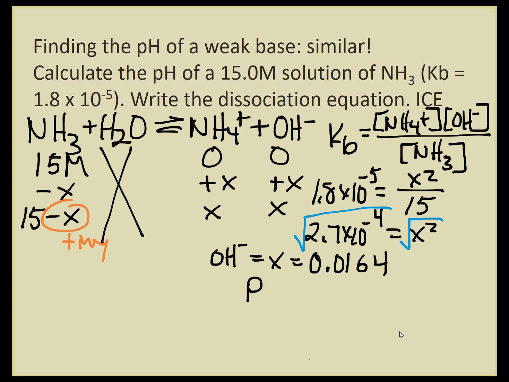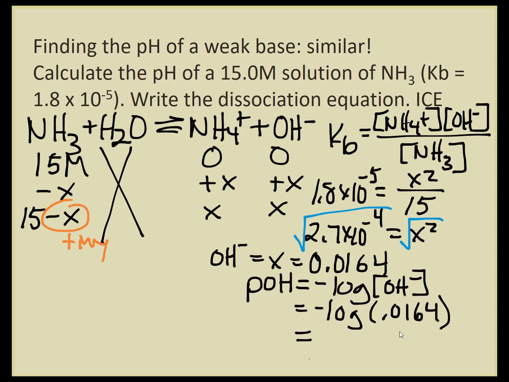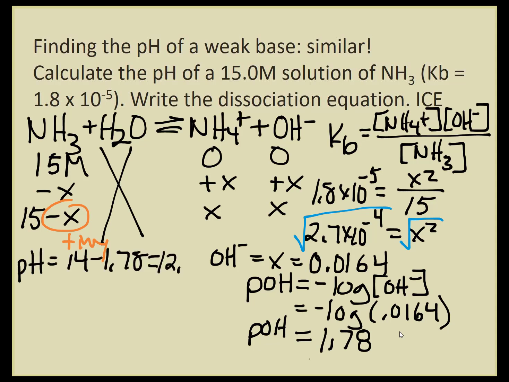So I'm going to find the pOH first. And my pOH is 1.78. But we want the pH, so I'm going to subtract this from 14, and I get 12.22.